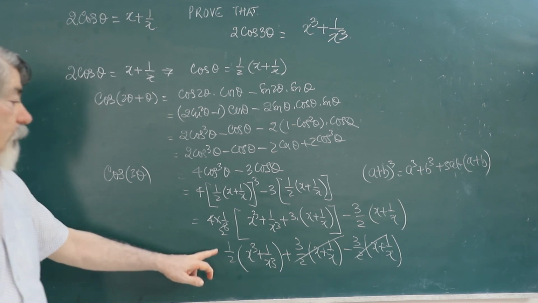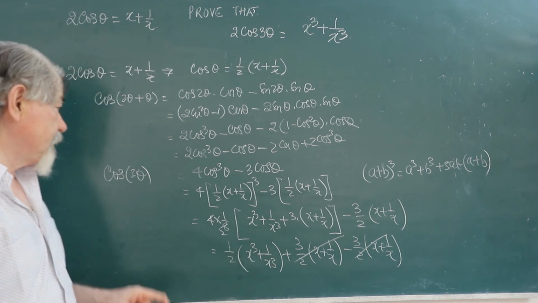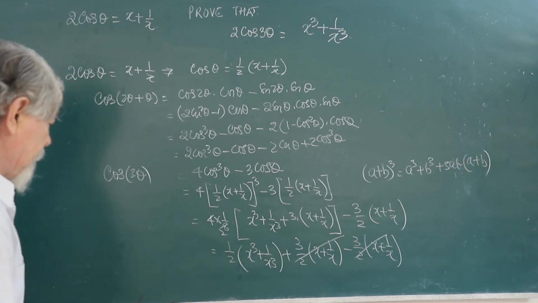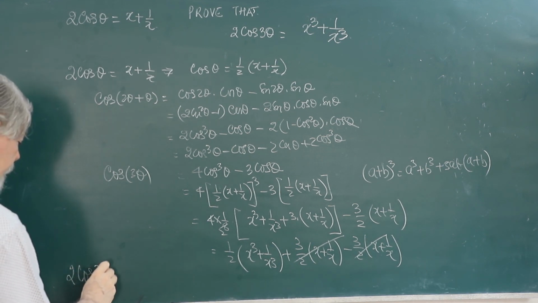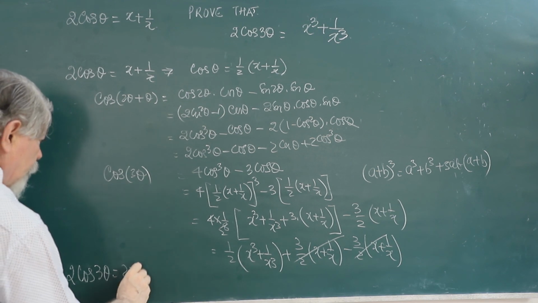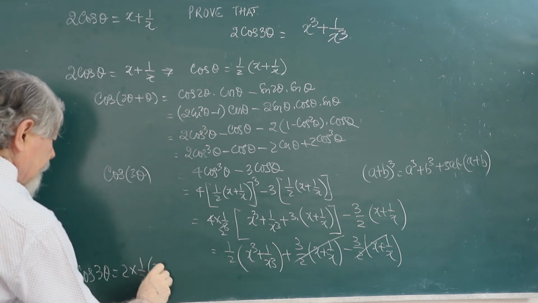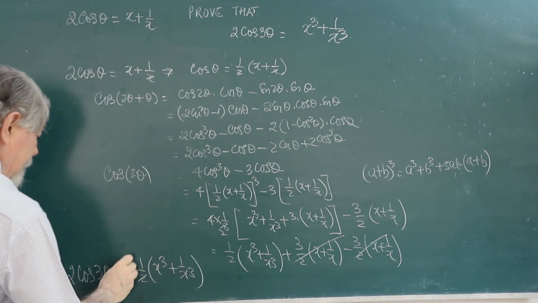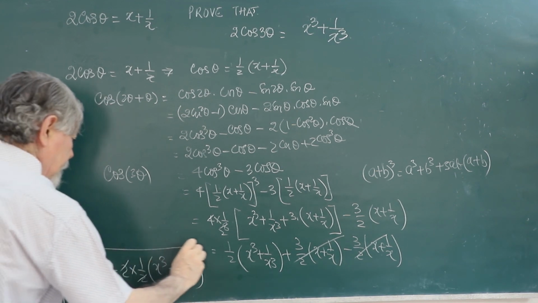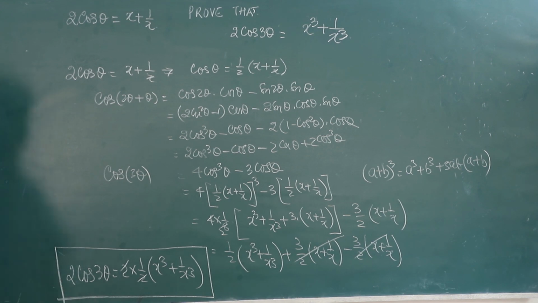You will get 1 upon 2 into x cube plus 1 upon x cube, which is cos 3 theta. But I want 2 cos 3 theta. So 2 cos 3 theta will be 2 into 1 upon 2 into x cube plus 1 upon x cube. This will cancel. So 2 cos 3 theta will be x cube plus 1 upon x cube.